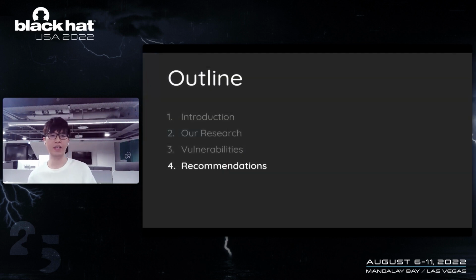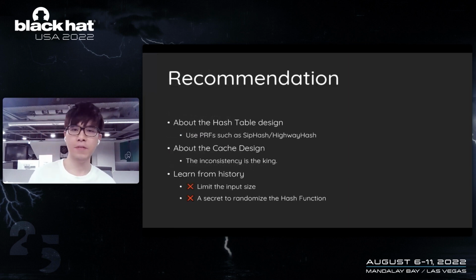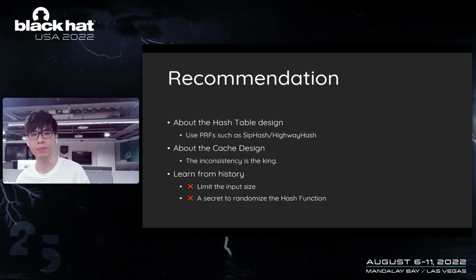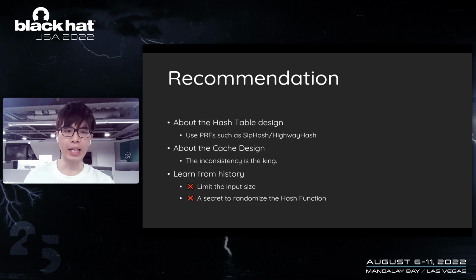Okay, let's talk about mitigations and future work. For the design of the hash table, it's recommended to use pseudo-random functions such as SipHash or HighwayHash, which can reduce collisions and make the attacker's job more costly. For the design of the cache, inconsistency is still the king.